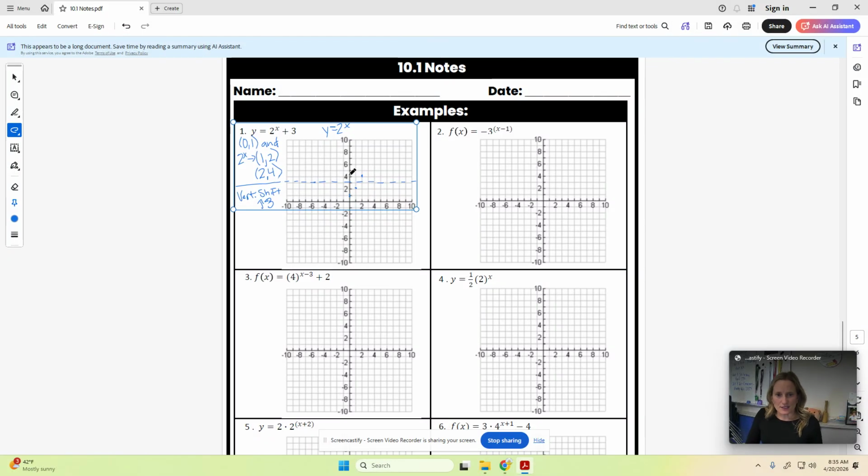I wish graphs were easier to do on here, guys, sorry. I'm just going to move each point 1, 2, 3. I think I did this one in the wrong spot. I went up 4, so right there. Let's erase that other one.